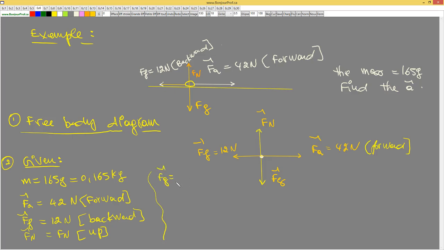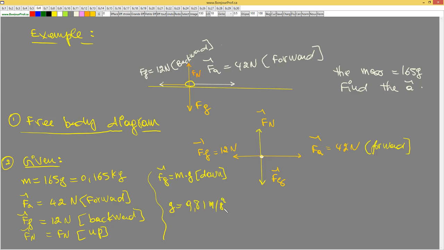For Fg we have a formula. Fg equals the mass times g, and this one is down. The force of gravity is always the mass times g. What is the value of g? We used 9.8, more precisely 9.81 meters per second squared.